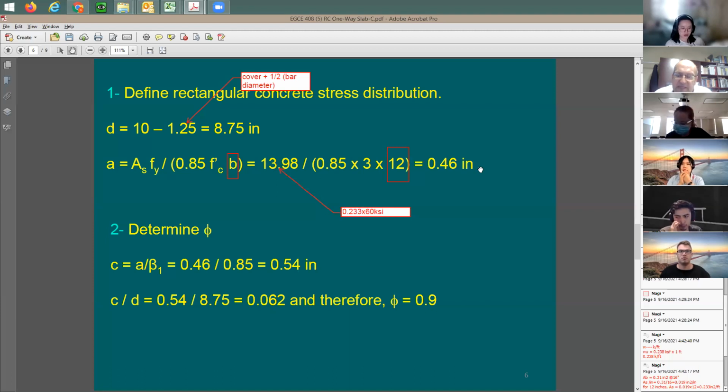We said if c is equal to about 1/2 of d, the strain in the steel is going to be 0.03, correct? Now this c here, or a, is actually extremely small compared to the depth. I'm expecting high strains here. Here is the c value, like 0.54 inch. c over d is very small, therefore your phi factor is going to be high.